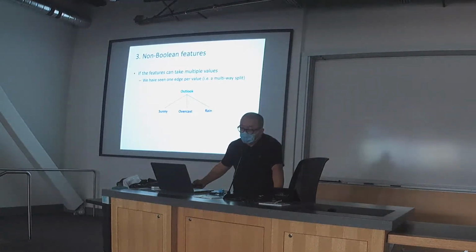Then the question is, how do we decide a feature or an attribute is the best at the current step? The idea is that I want to use the attribute for which, after splitting the data set, the improvement of the label purity is the largest.